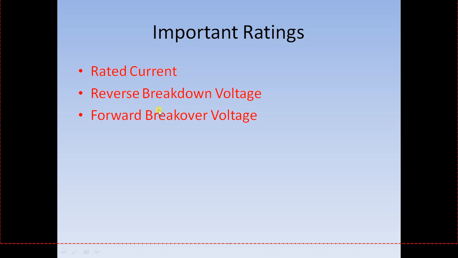Forward breakover voltage: if the voltage level goes beyond the forward breakover voltage, at that point, junction J2 will undergo avalanche breakdown and hence the crystal structure would be broken. So we have to keep in mind these ratings while selecting a thyristor for our application. Okay, let's go ahead.